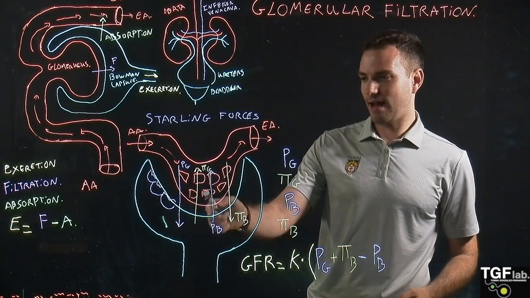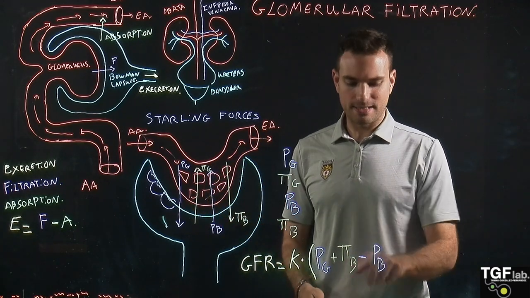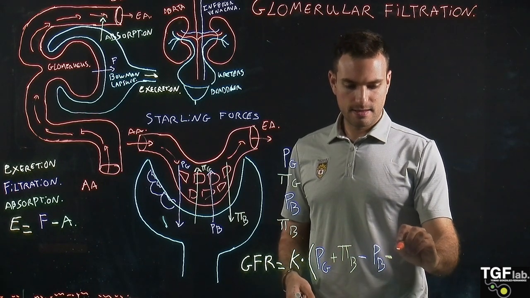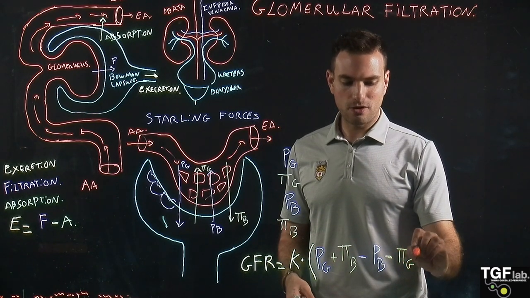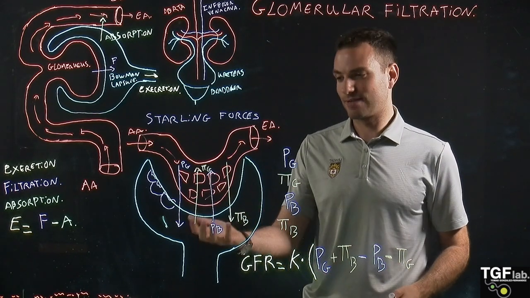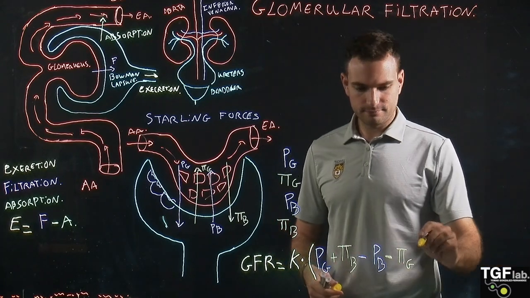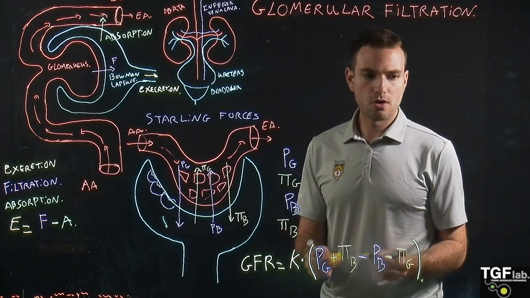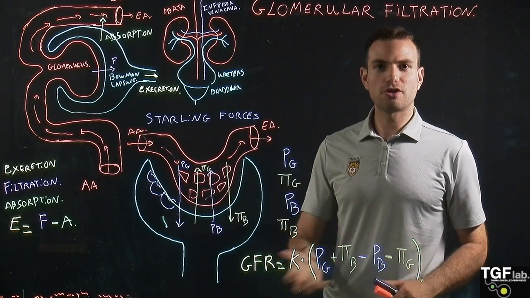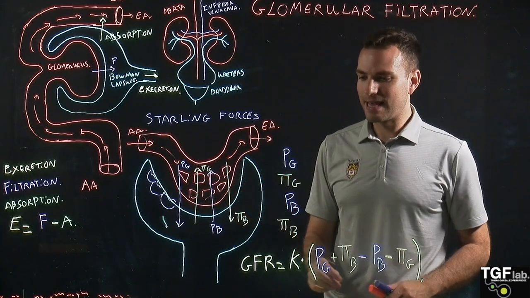Again, this is a force for absorption, against filtration, that's why it's negative. And then minus the colloidosmotic pressure at the glomerulus, which is a force against filtration, and it depends on the protein content. Okay, so this is the formula that is going to determine the filtration process and the rate of filtration of the blood here at the glomerulus.